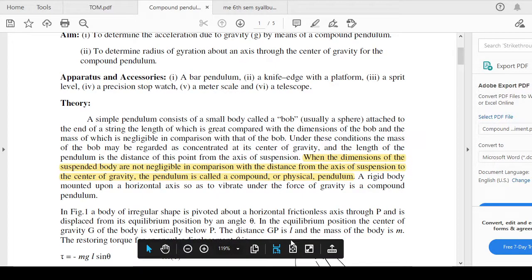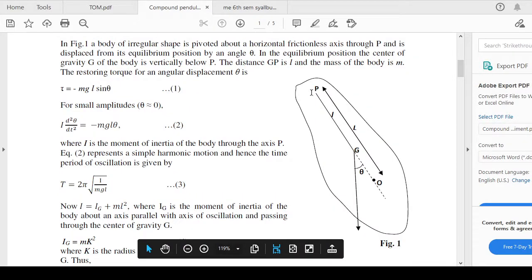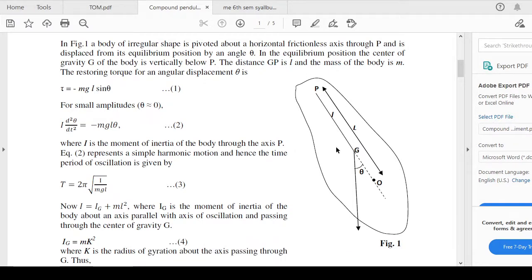This means the dimension and mass of the body will also be considered in the compound pendulum, while in the simple pendulum it is not. As you can see in the picture, this is the compound pendulum, this is the center of gravity of the suspended body, and this is O. From this it has been deflected by angle theta.